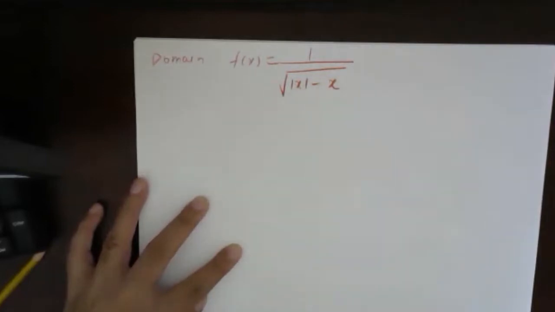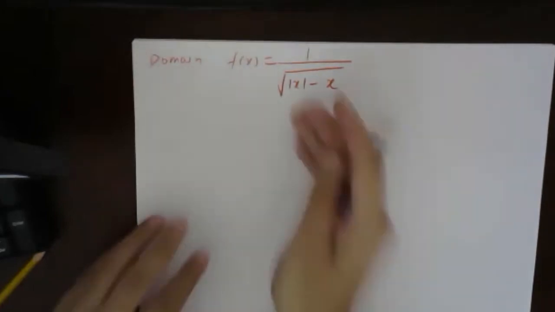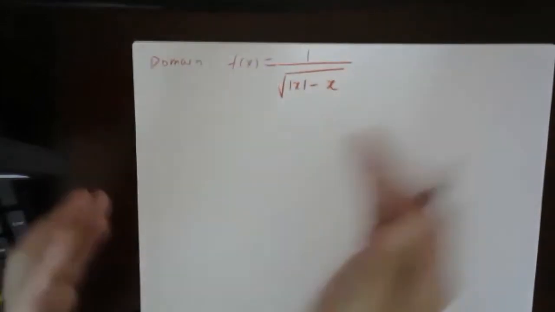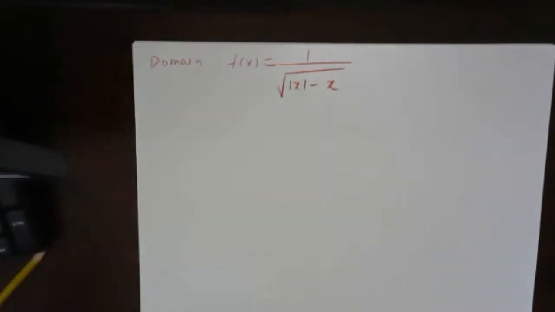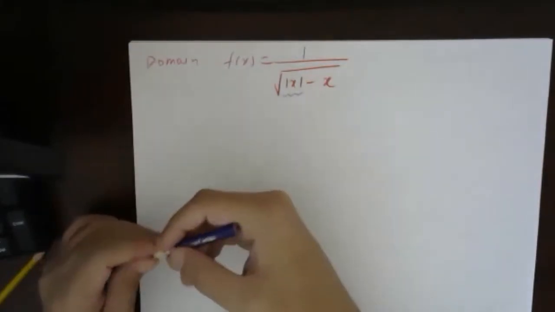Okay. So remember, any mod questions can be solved specifically when we divide the mod part into where it is positive or it is negative, right? Right now we have mod of x.